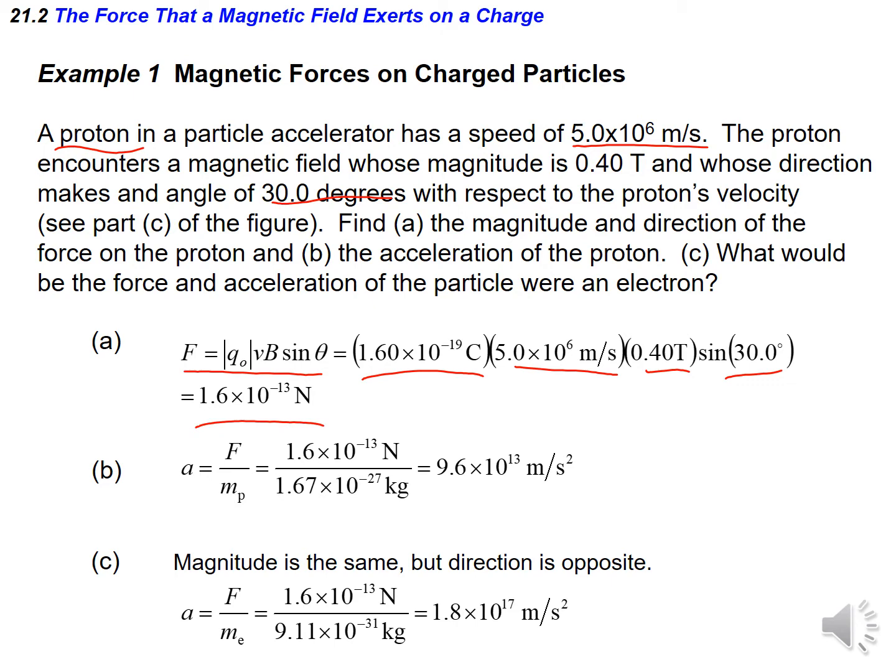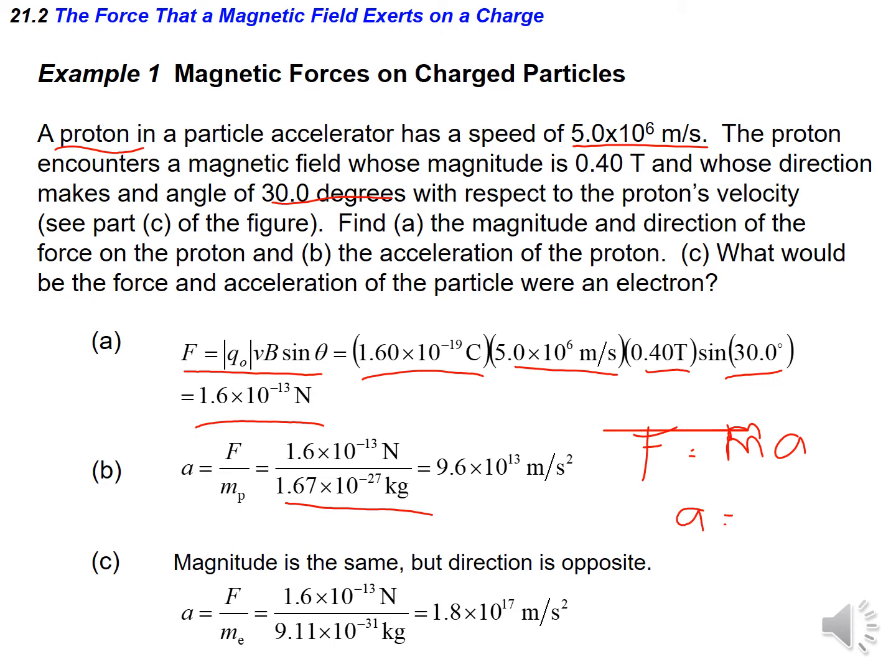To solve for letter B, we have the formula from the second law of motion: force is equal to mass multiplied by acceleration. In this case, we're going to treat the particle as a proton, because the particle here is a proton. So we need to consider the mass of the proton, which is equal to 1.67 times 10 to the negative 27 kilogram. The question is to find the acceleration of the proton.